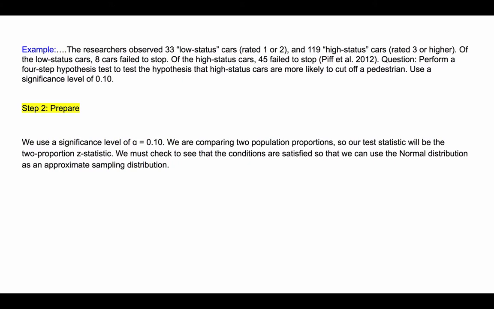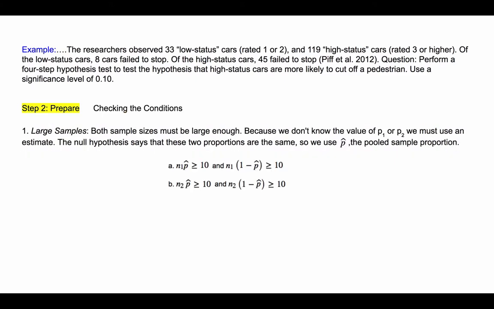We need to pick a test statistic that's appropriate for the scenario, and so we know that we're going to be using the two proportion test Z statistic that we've seen in previous videos. And then after we check the conditions, we'll be able to do step 3, but for now let's check the conditions. So the first condition is large samples. We need to have our sample sizes be large enough.